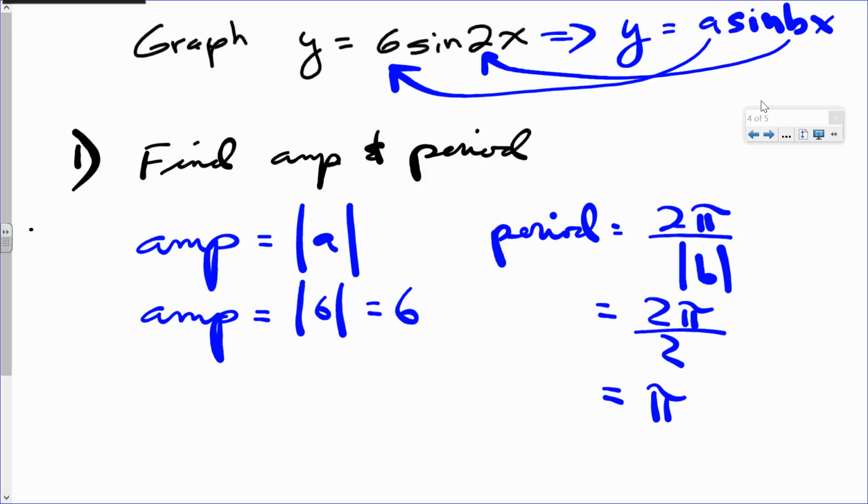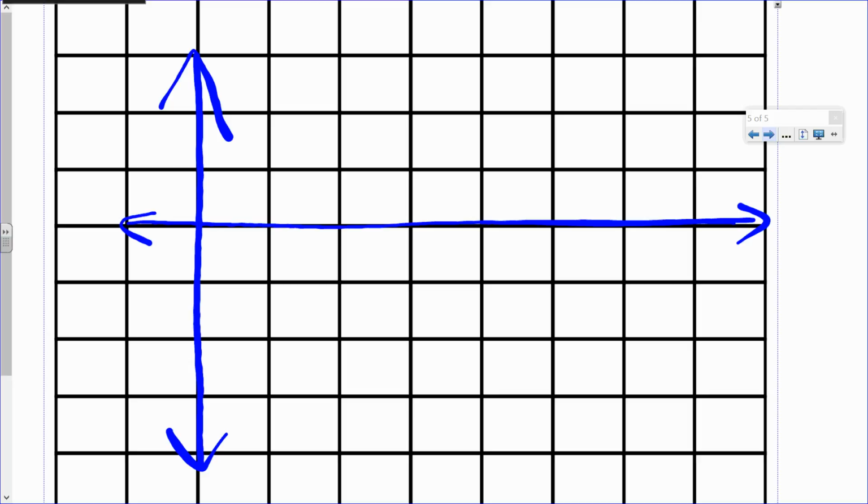Check this out now. Let's go to our graph. I'm going to make a y-axis and an x-axis. I'm only going to create one cycle, so I'm going one period long.